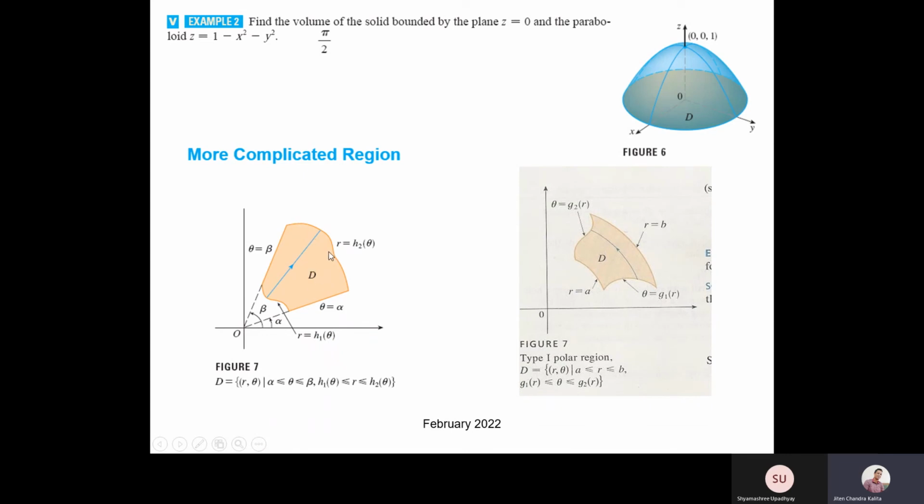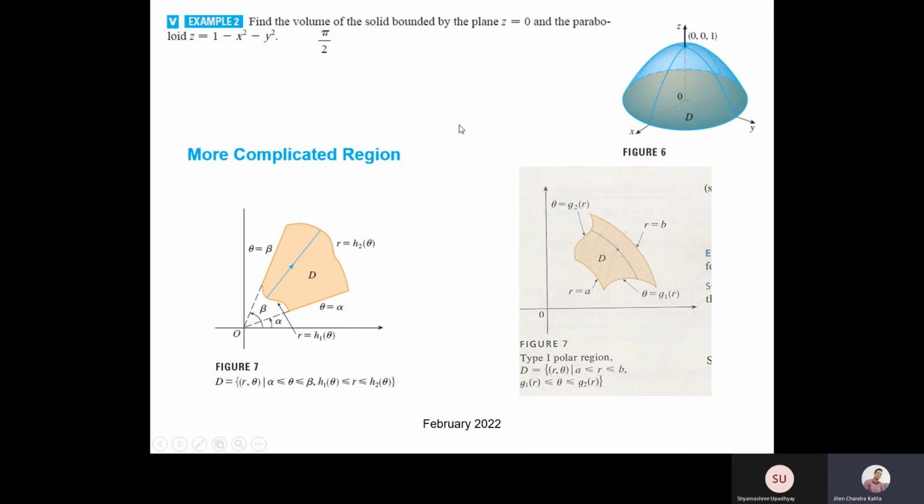Here you can see that the region lies between two curves given by r equal to h1(theta) and r equal to h2(theta), and it lies between theta equal to alpha and theta equal to beta. Similarly, in this other figure, it lies between r going from a to b, and two curves given by theta equal to g1(r) and theta equal to g2(r).